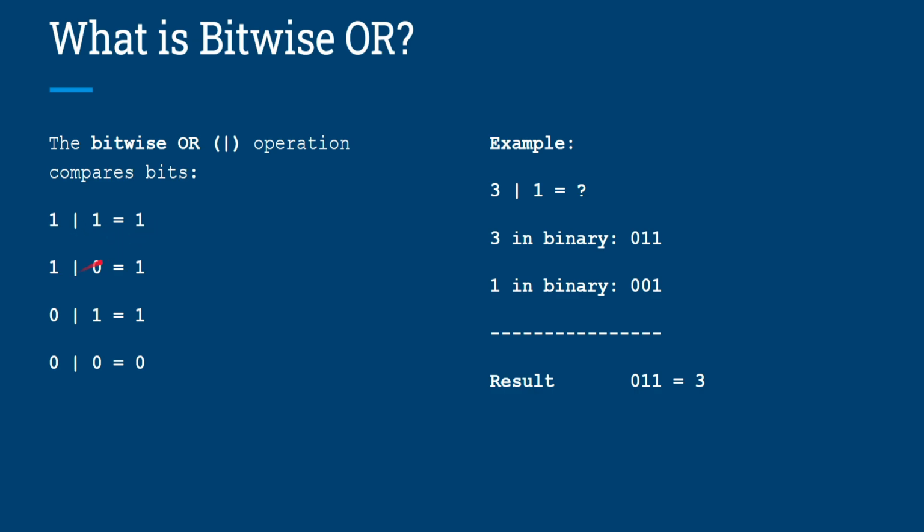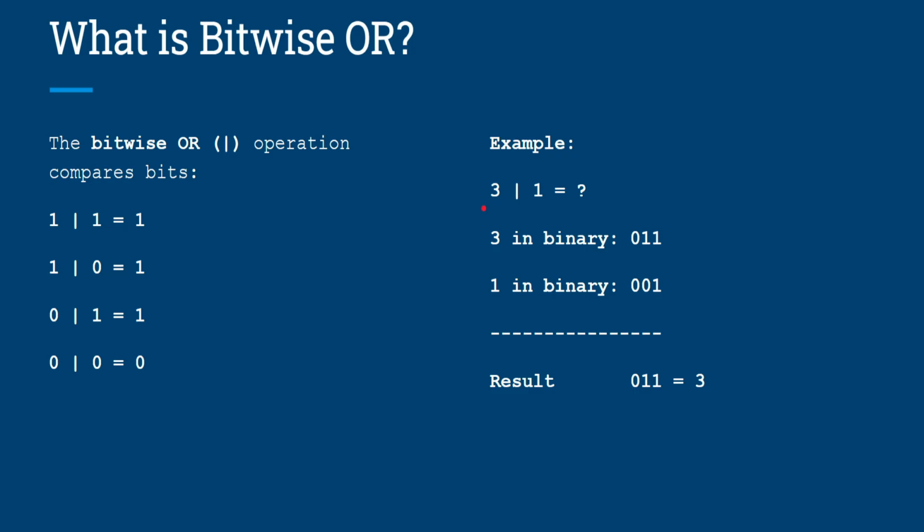If they mismatch, like 1 0, we get 1; if it is 0 1, we also get 1. If any mismatch case comes, it is going to be 1. But if both are the same 0 0, it is 0. Think of switches: if either switch is 1, we'll get 1; if both switches are off, we get 0, right? This was the concept of bitwise OR.